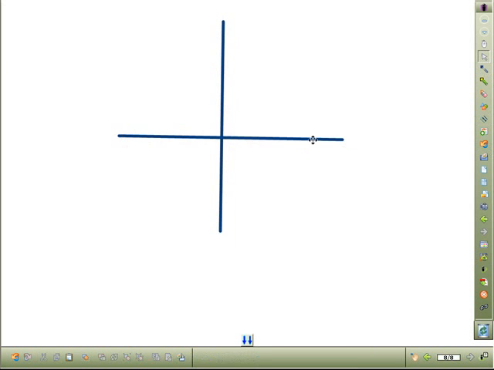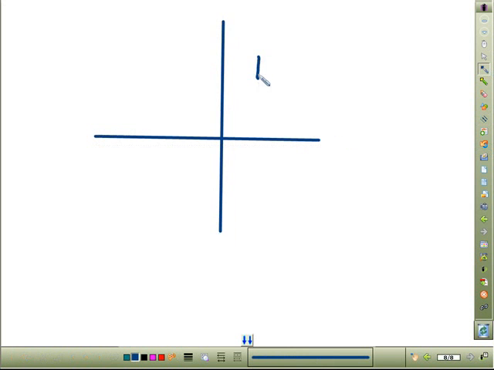Remember that if you're talking about the xy plane, we refer to this part over here as quadrant 1. And then we go around this way, where this would be quadrant 2, and then quadrant 3, and quadrant 4. It's important that we know this because oftentimes part of the question will say theta is in quadrant 2 or theta is in quadrant 3. So you just need to know this.